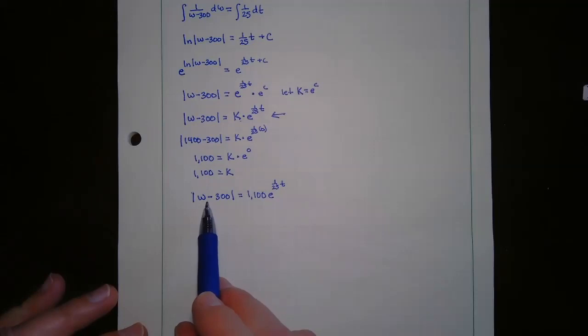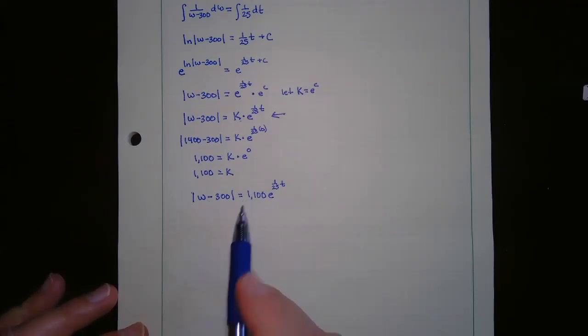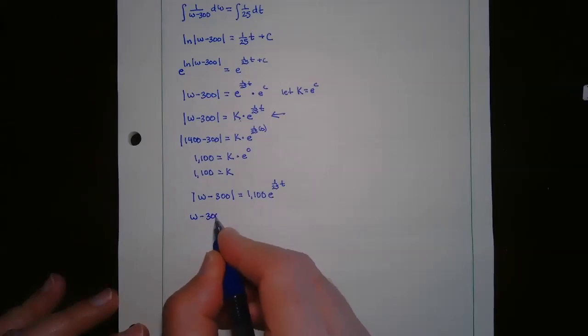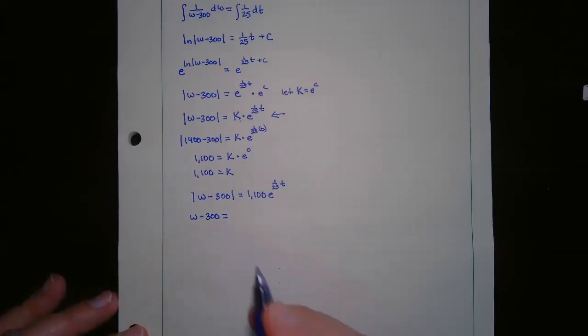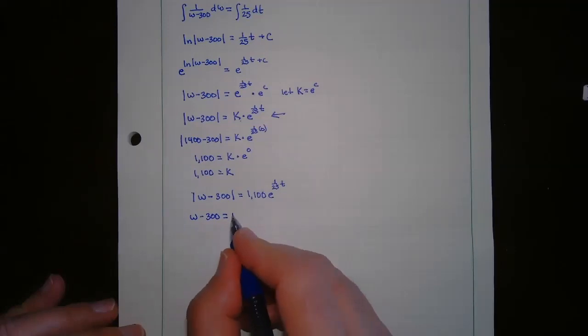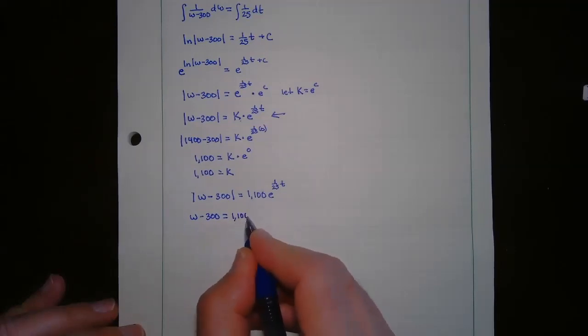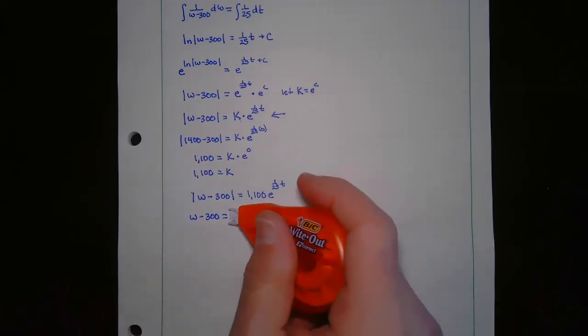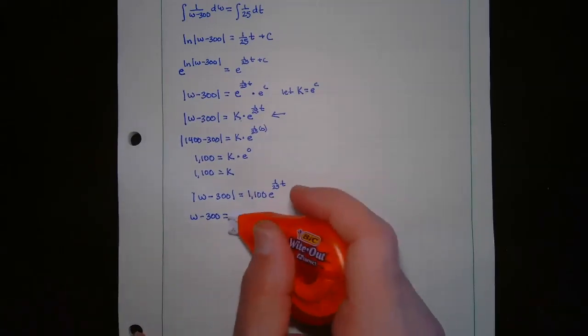So what we know is that this could either be positive or negative, okay? So W minus 300 is equivalent to 1100. Whoops, I forgot. I said plus or minus and then I didn't write it. Okay, so let me wipe this out.